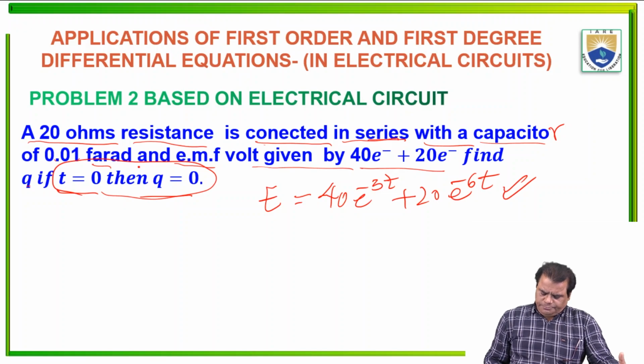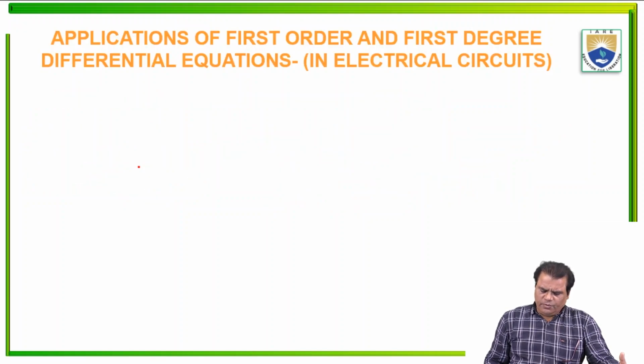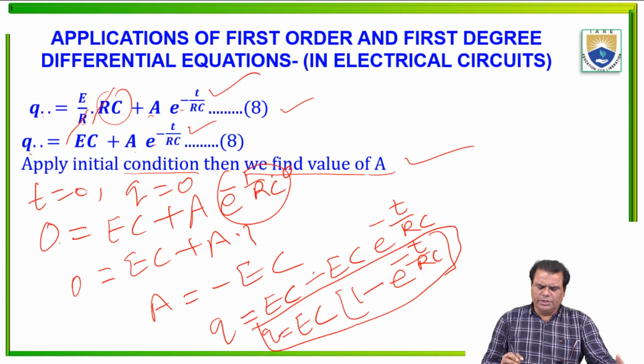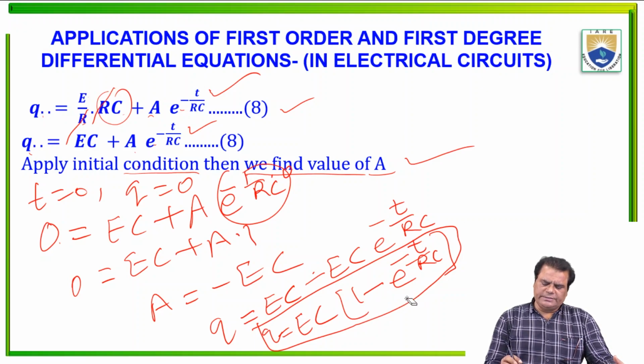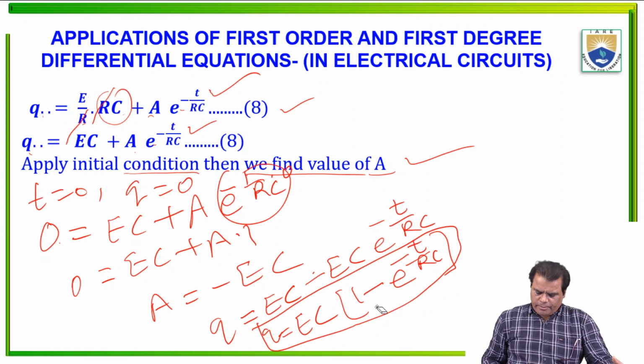So now we take the formula. This is the formula for resistance and capacitance: Q equal to EC.